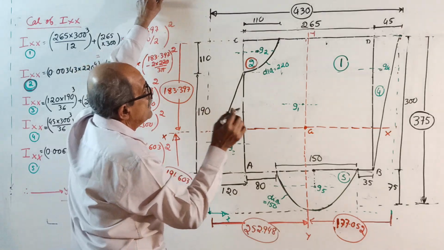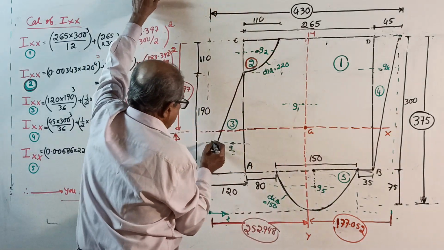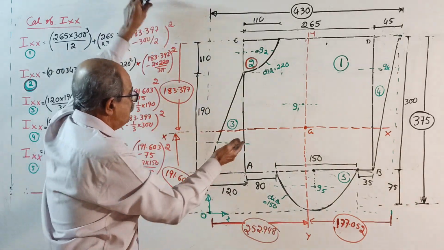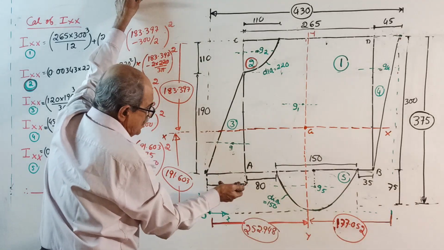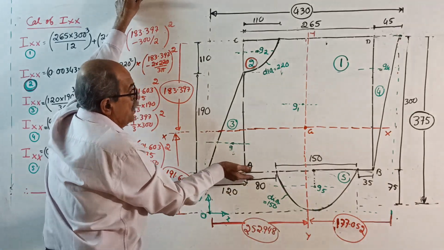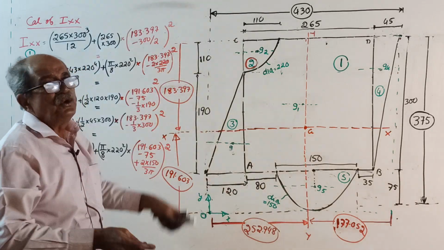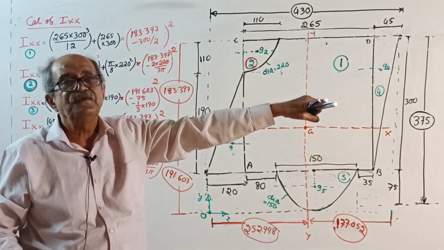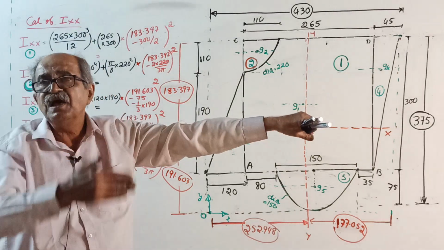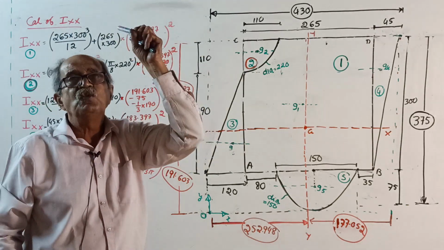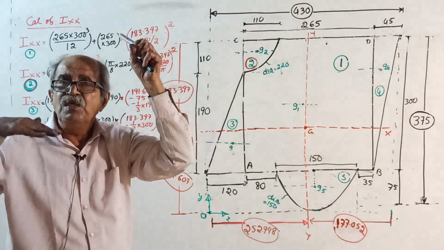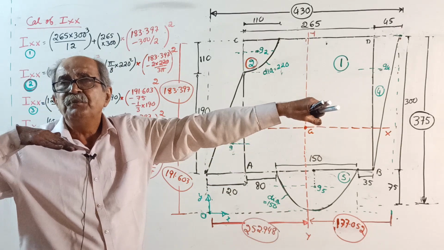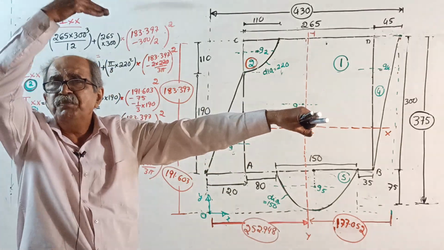Okay. Come to figure 3, part 3 here. I about its own axis. It is a right angle triangle. So for this axis, the parallel side is 120. I told you, when you want I about the X horizontal axis, the cube is for the vertical side. When you want I about the YY axis, the cube is for the horizontal side. If you want I about XX, parallel is horizontal, perpendicular is vertical.